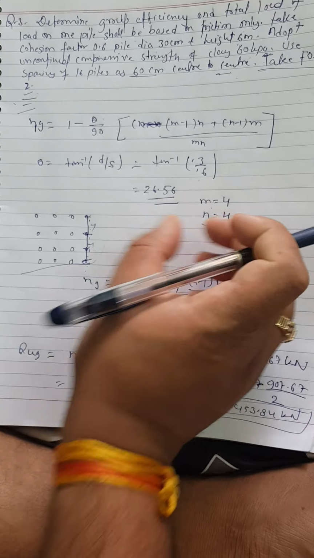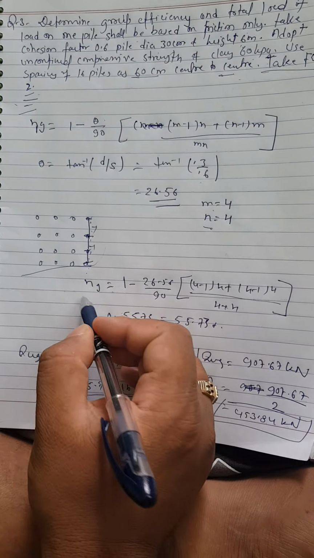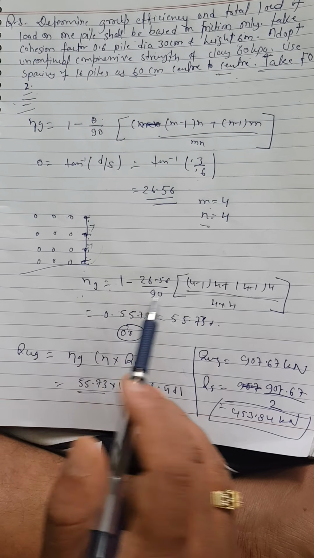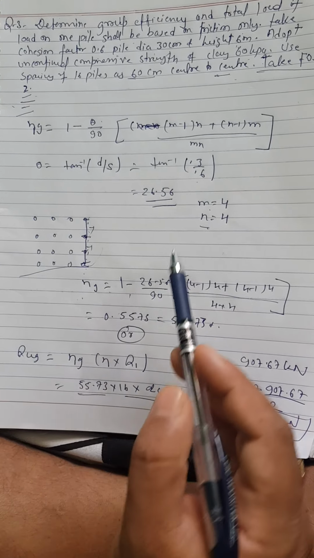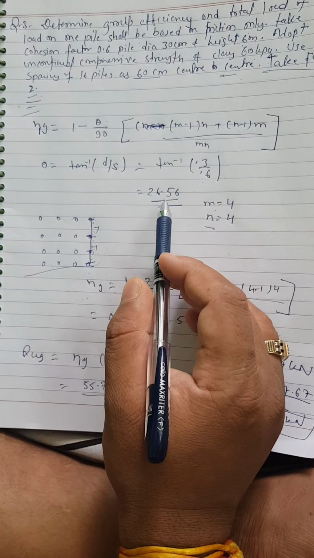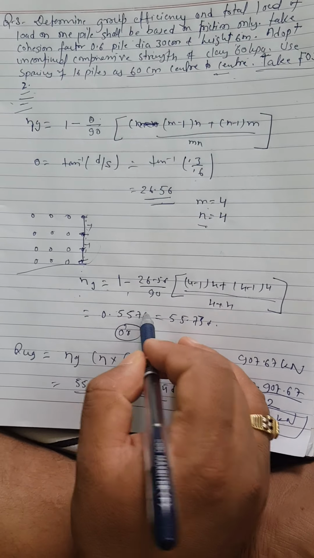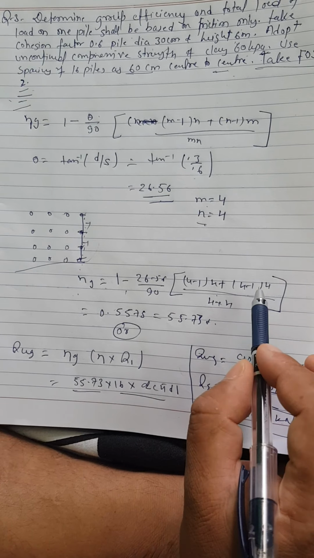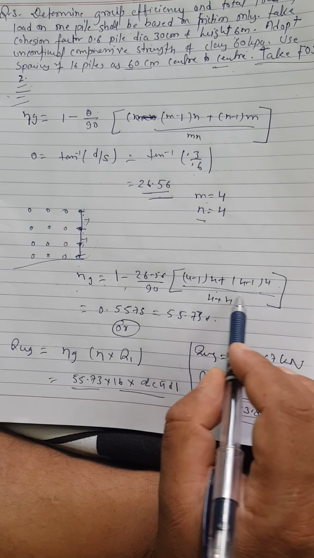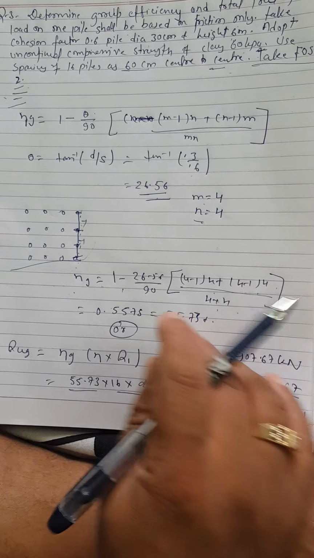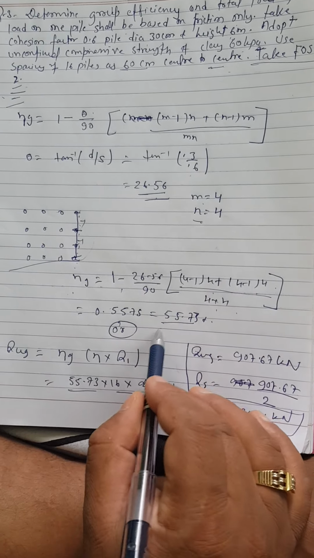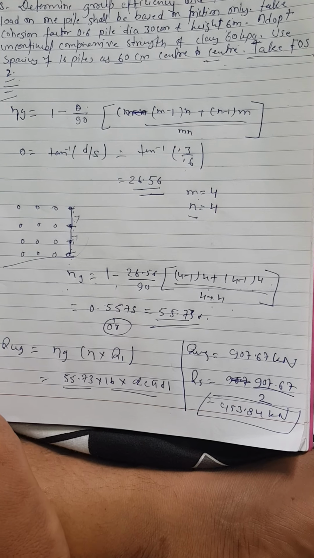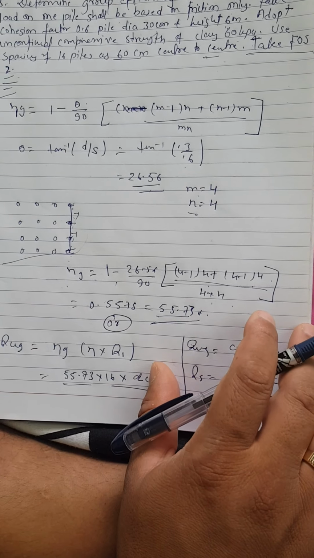By putting both values in the formula, the efficiency of the pile group Eg will be equal to 1 minus theta, 26.56, divided by 90, (m minus 1) into n plus (n minus 1) into m, that is 4 divided by 4 into 4. Then the value of efficiency will come out to be 55.73.